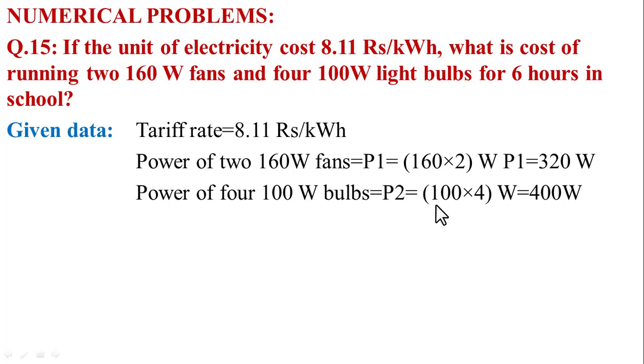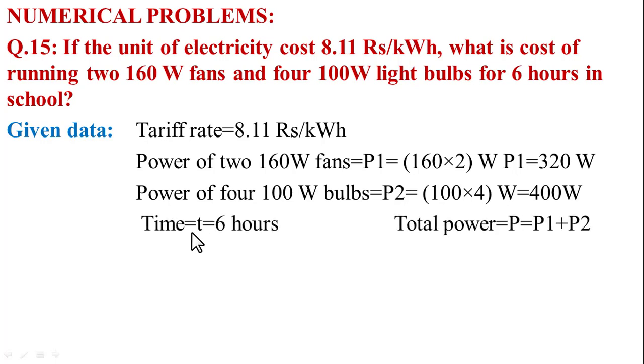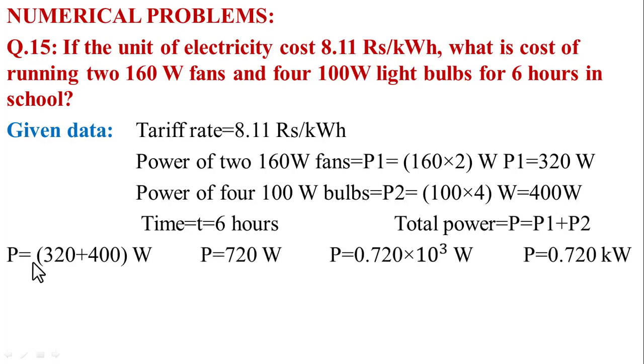So P2 is equal to 100 multiplied by 4, then power is equal to 400 watt. Now the time T is equal to 6 hours. Total power P is equal to P1 plus P2. So P is equal to 320 plus 400. This implies that power P is equal to 720 watt.